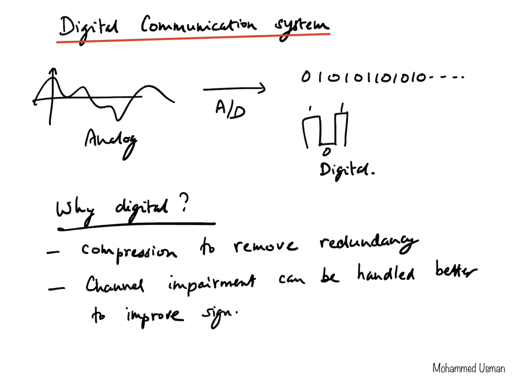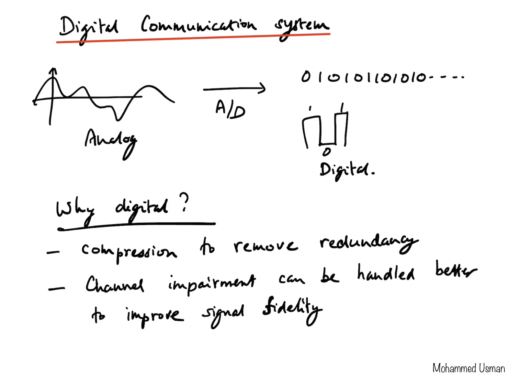So the received bits would be as close as possible to the transmitted bits. That improves the signal fidelity of the received signal.